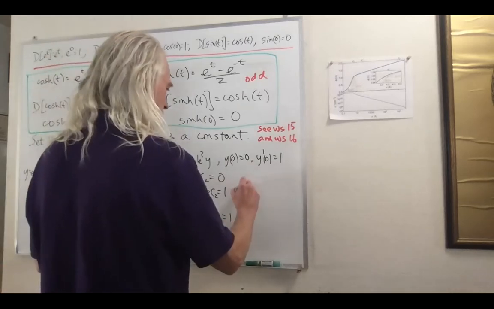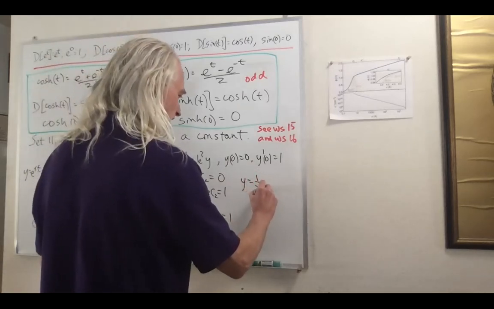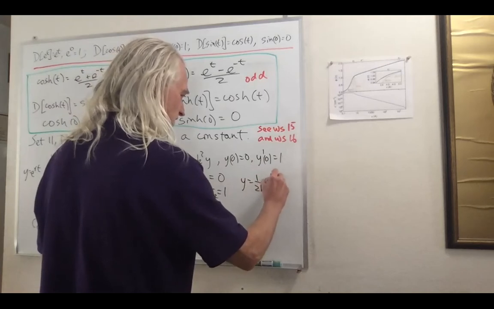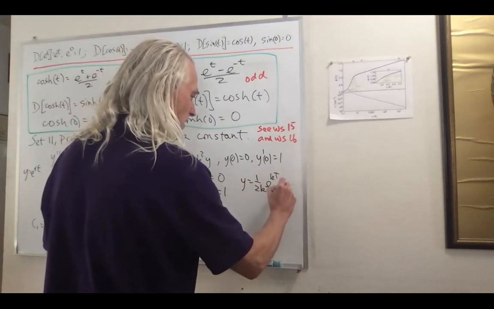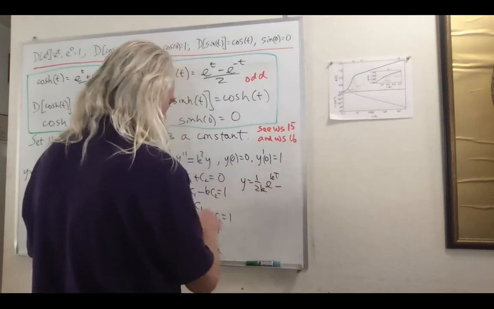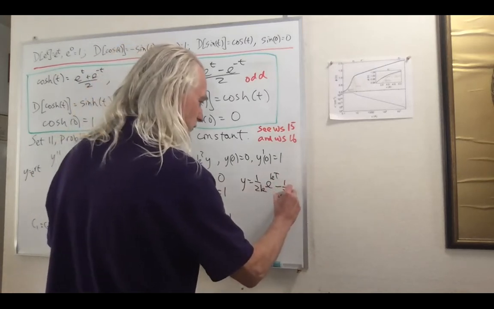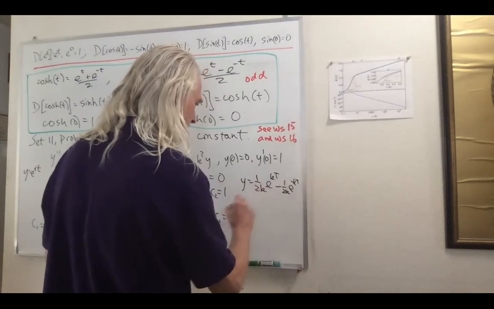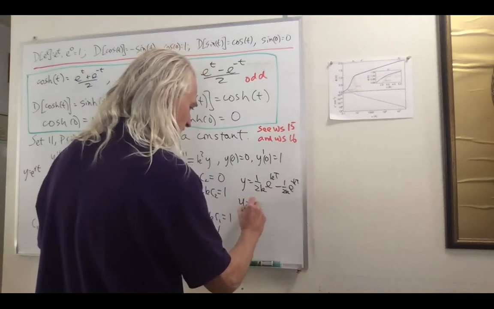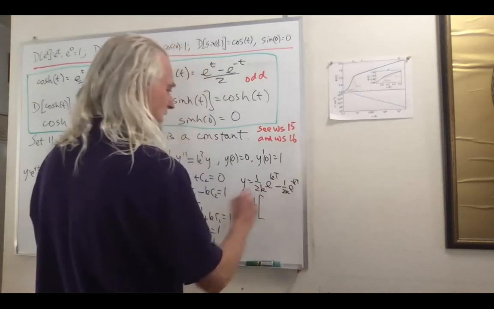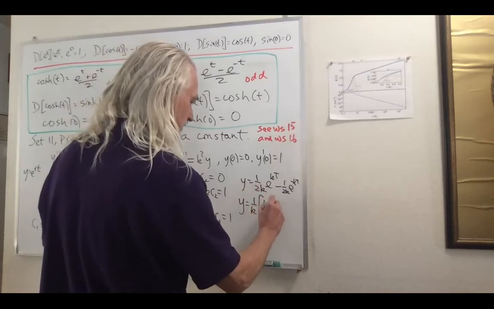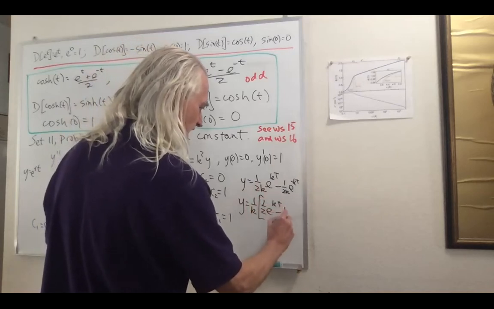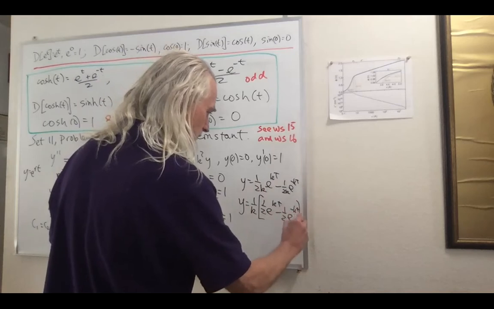So that means that y is 1 over 2k times e to the kt minus 1 over 2k times e to the minus kt. Let's factor out the 1 over k. Then I get a half e to the kt minus a half e to the minus kt.